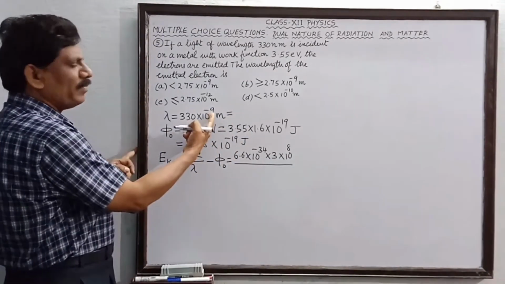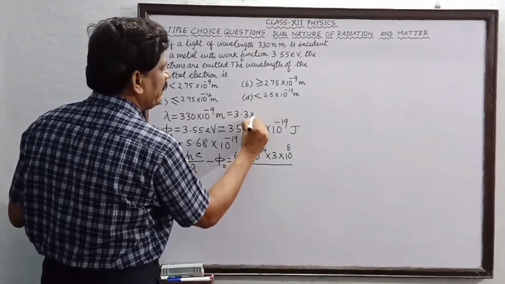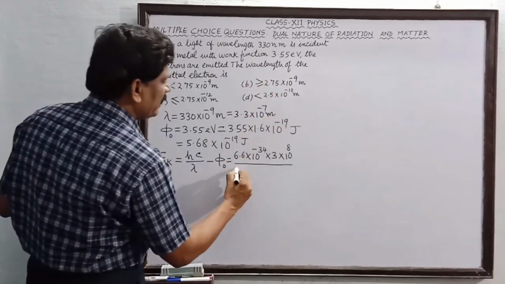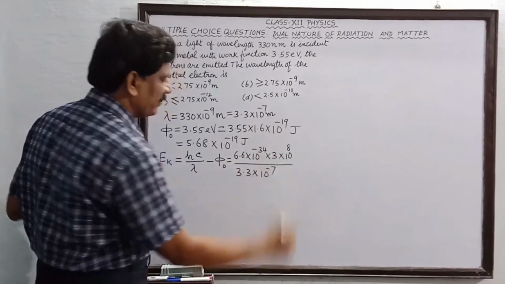I will take minus 2 power from here. This can be written as 3.3 into 10 to the power of minus 7 meter. So in the denominator now it is 3.3 into 10 to the power of minus 7.